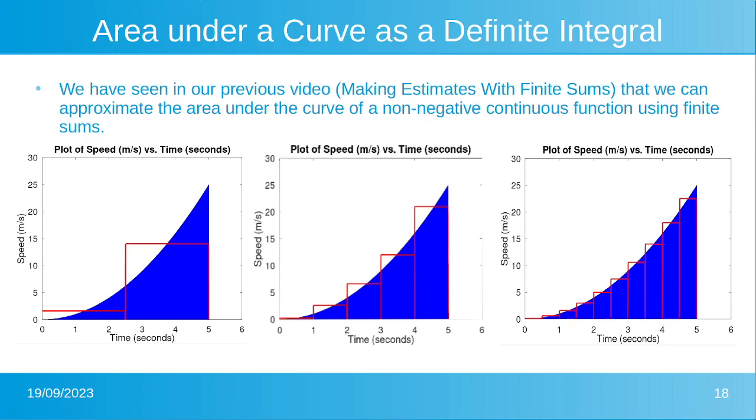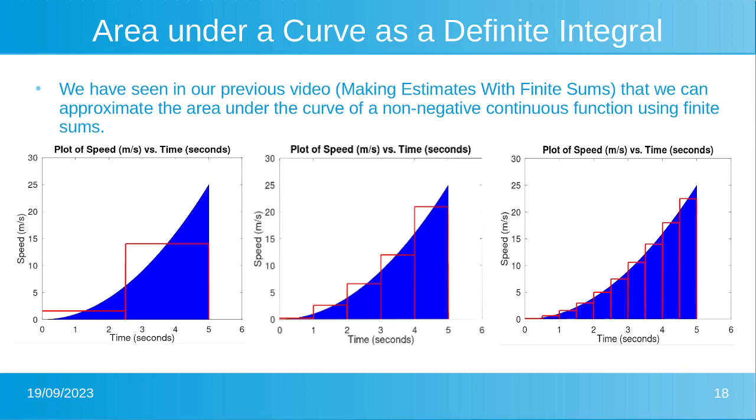And then moving on to our second middle plot, we essentially did the same process but with a larger number of sub-intervals. So we divided up our interval from 0 to 5 seconds into 5 1-second intervals, and we approximated the area under the curve in each sub-interval with the area of a rectangle.